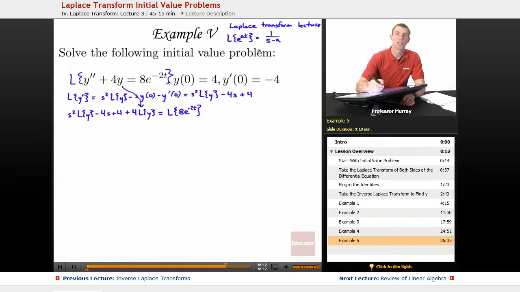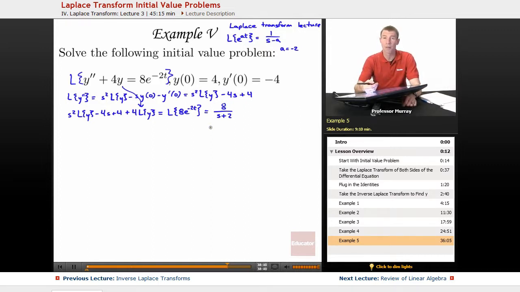You can check that out in the original Laplace transform lecture if you don't remember where that comes from. So that's just a couple lectures ago here on Educator.com. And so for e to the negative 2t, our a is negative 2. So that's 1 over s plus 2, and we still have an 8 here coming along as the coefficient.